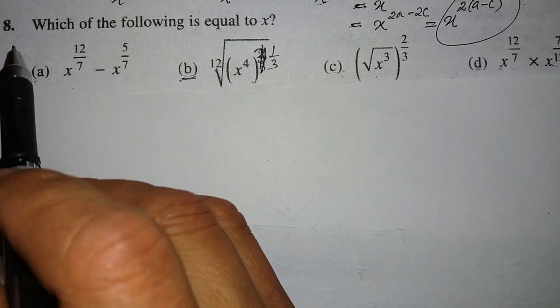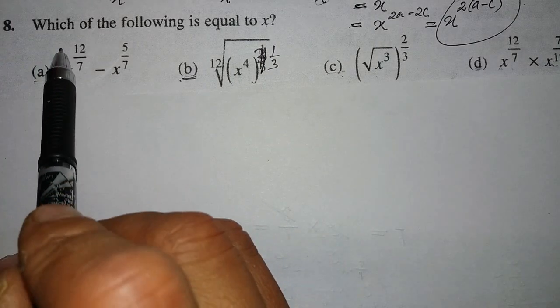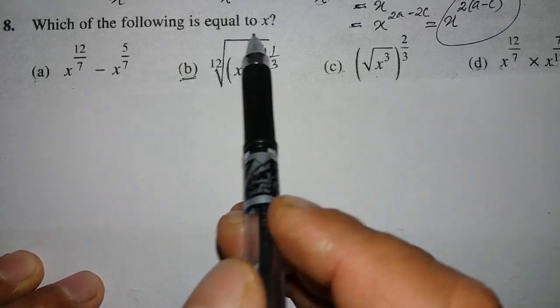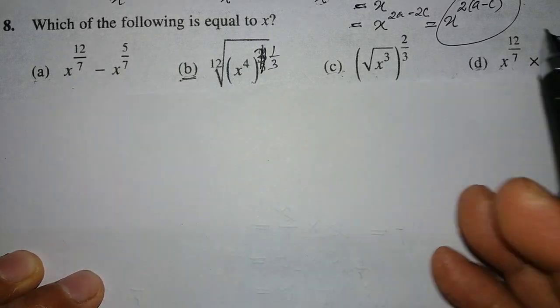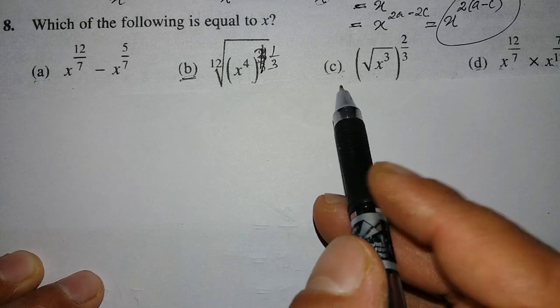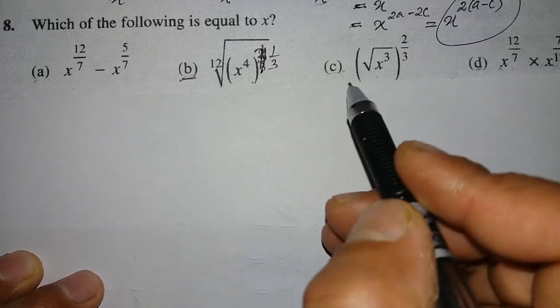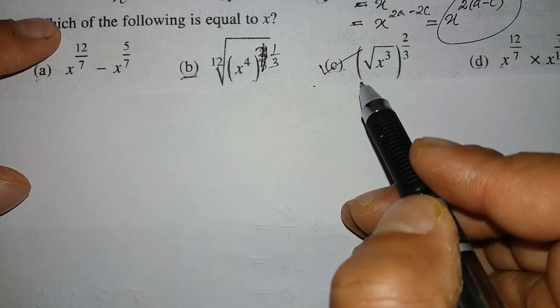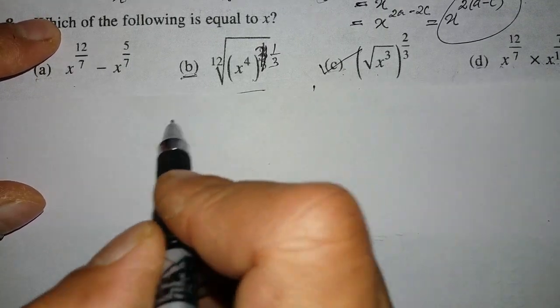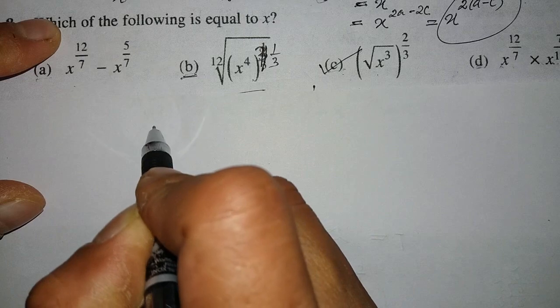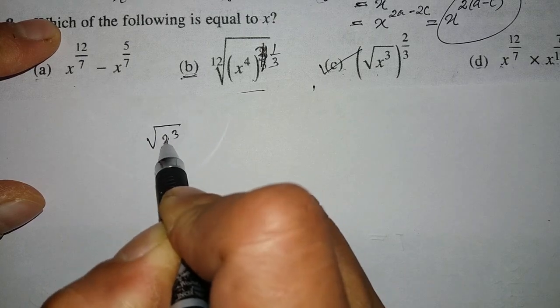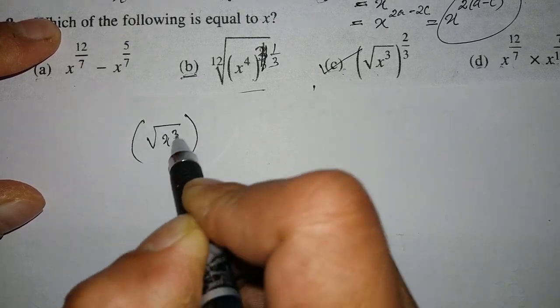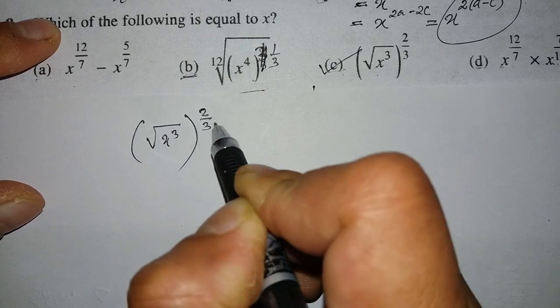Now let's move on to question number 8. Which of the following is equal to x? These are the options. Here the answer is C, and I will show you how. Here C is the square root of x cube, raised to the power 2 by 3.